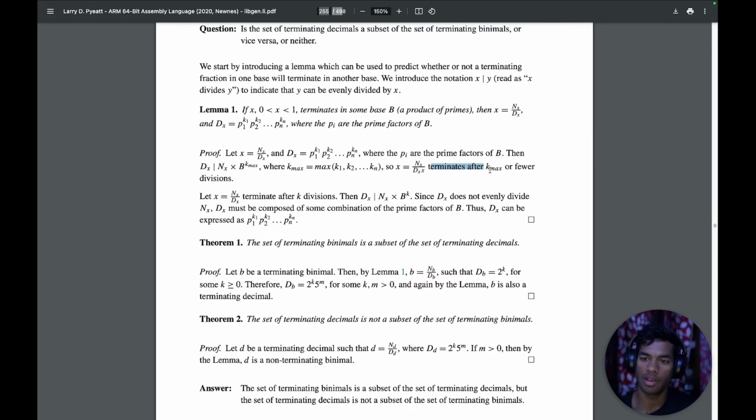This terminates after kmax or few divisions. Dx power x. Okay, or few divisions, let x equals nx terminate kx, then division, since dx does not evenly divide.